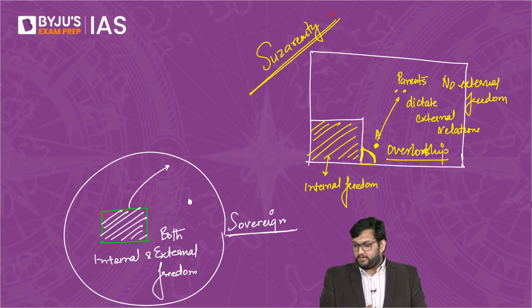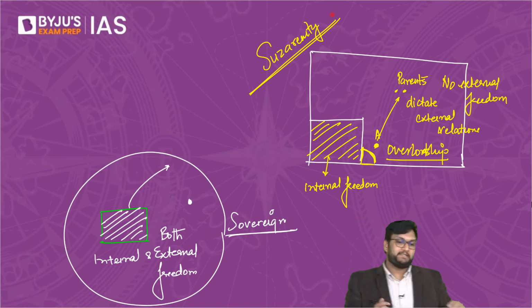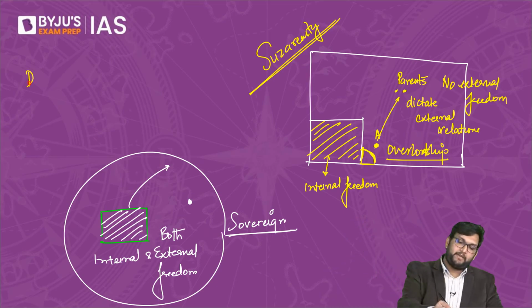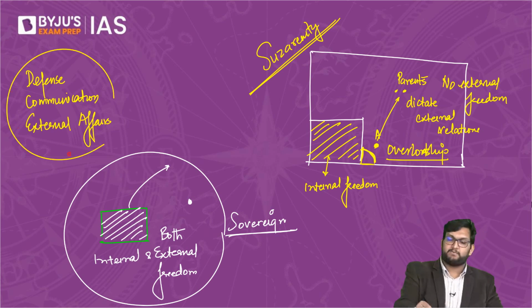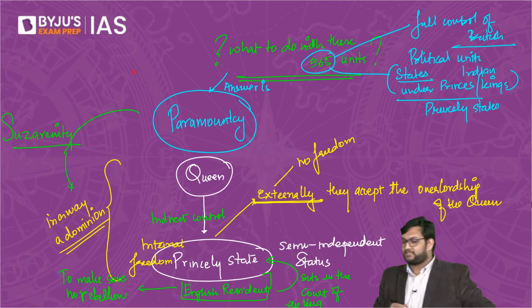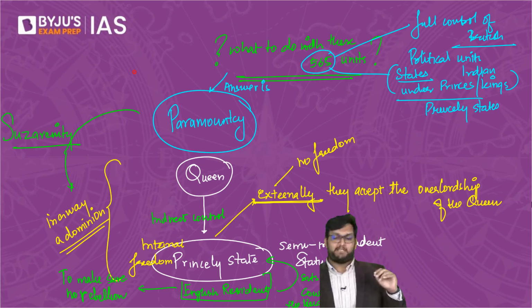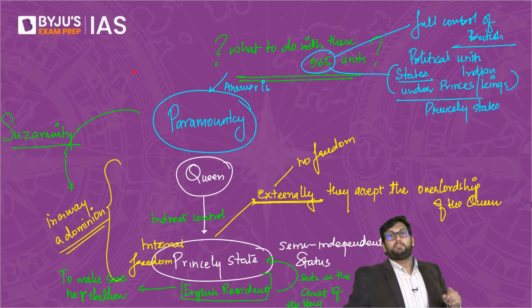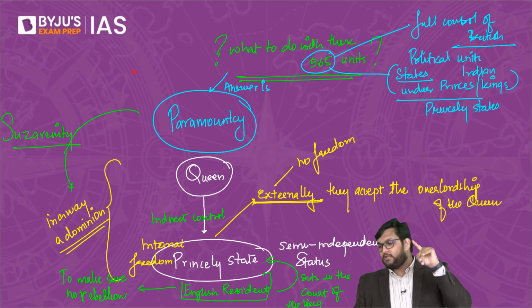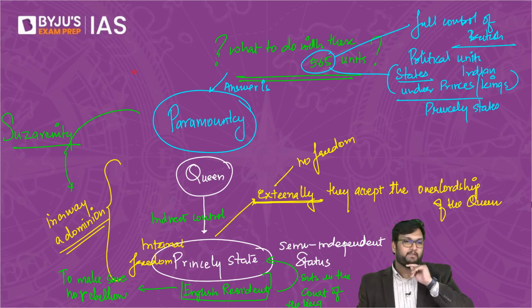Suzerainty. Now, does it make sense? Yes, what external means is basically defense, communication, and external affairs are three things which the British control. So, in this relationship, the princely state technically is you, and the queen is the parents.